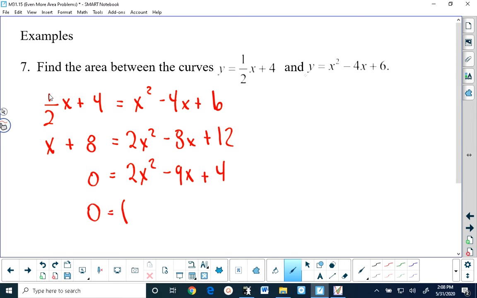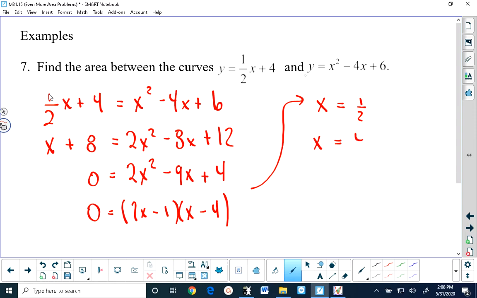We can factor this into 2x minus 1, I believe, and x minus 4. I'll just pause and FOIL that out in my head and see if I get the result, and I do, which means that we have two solutions: x equals 1/2 and x equals 4.